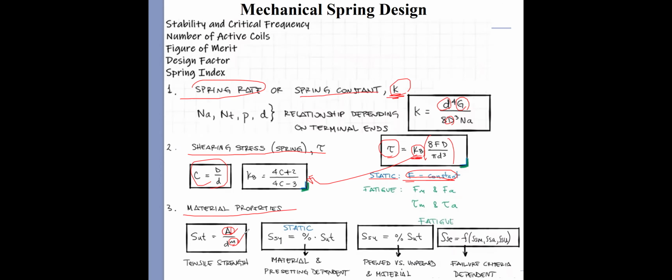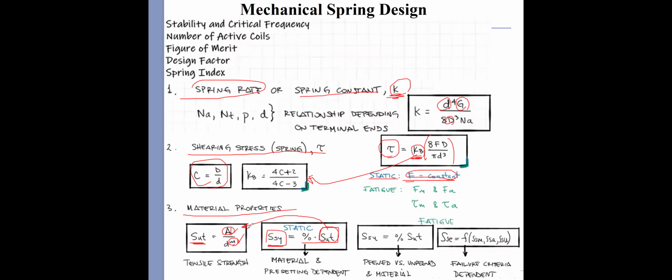Based on these two parameters, we can find the tensile strength. Also, we can define its torsional shear yielding stress, SSY, which is a percentage of SUT, and SUT we already found here.